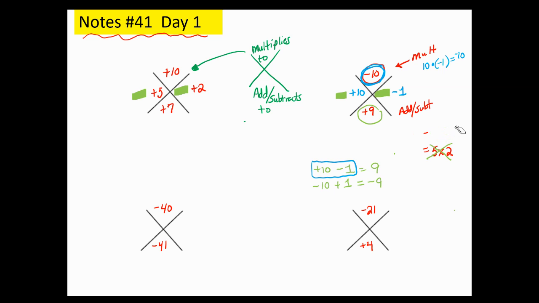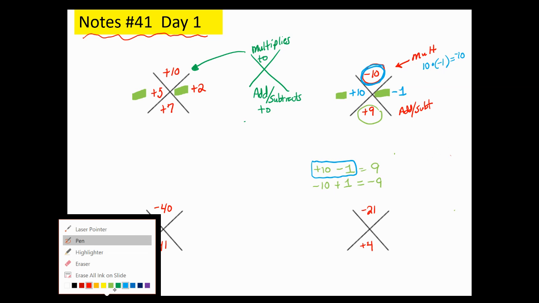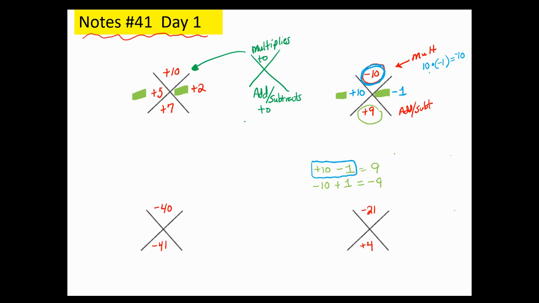So let's double check if that adds or subtracts up to that 9 that we need. So if we use positive 10, 10 minus 1 is equal to positive 9. So cha-ching, that works. 10 minus 1 is 9. 10 times negative 1 is negative 10.